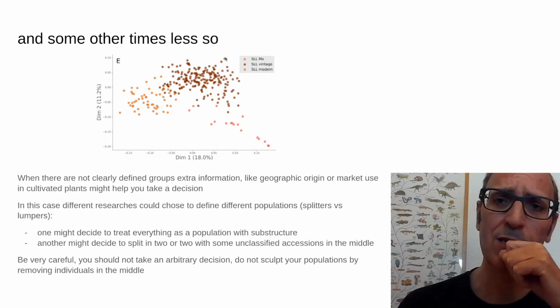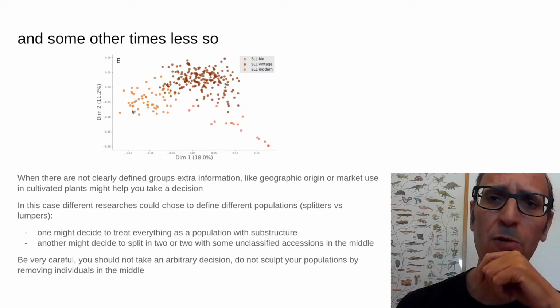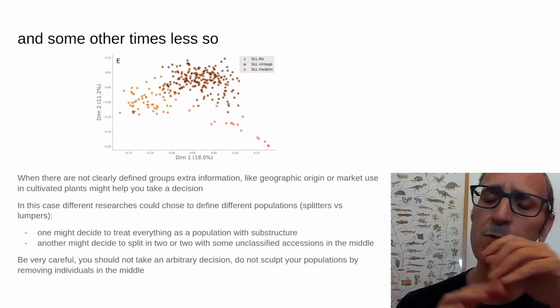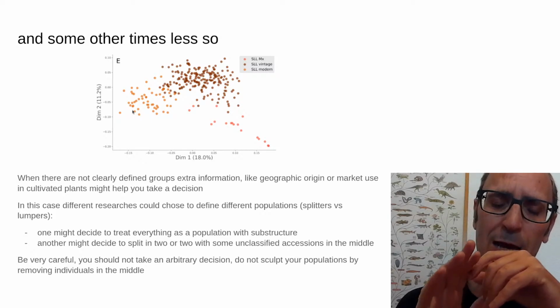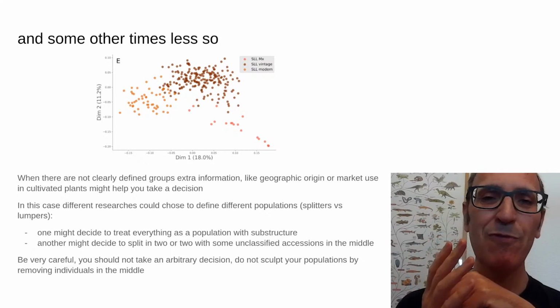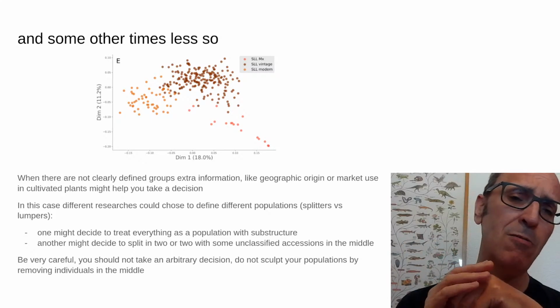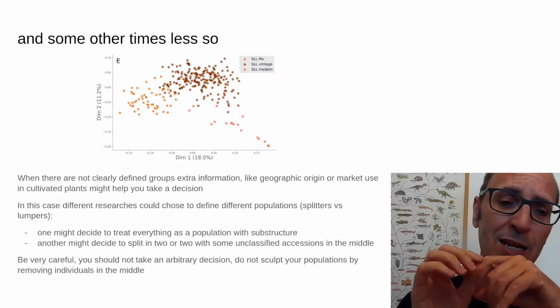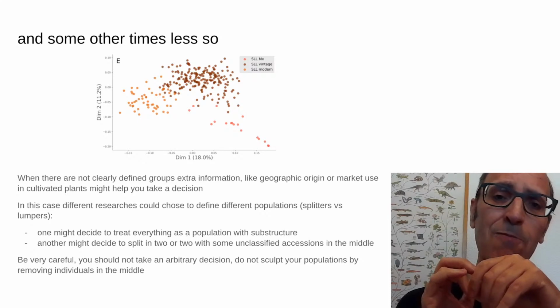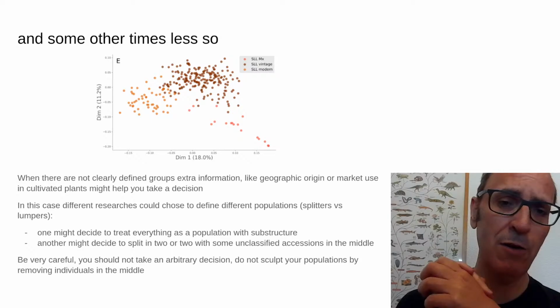For instance, this example is with tomato. I have the modern tomatoes and the tomatoes from Mexico. And maybe there are individuals that you cannot differentiate, you cannot decide if they are modern or they are from Mexico, because in the PCA they are just in the middle and you don't have, for instance, data about their origin.